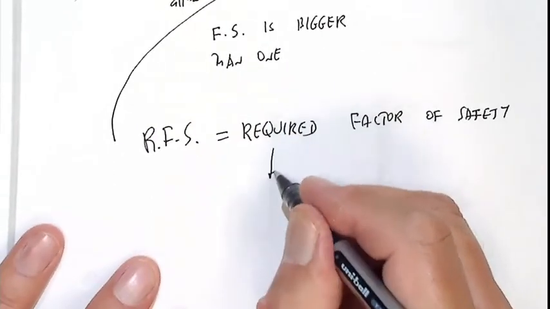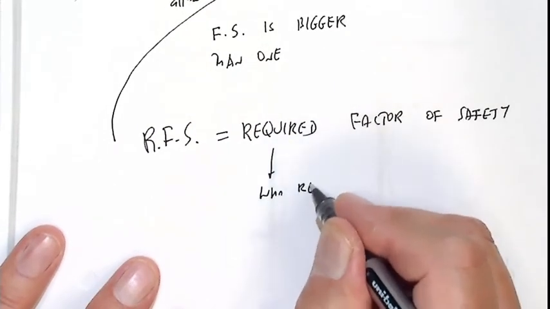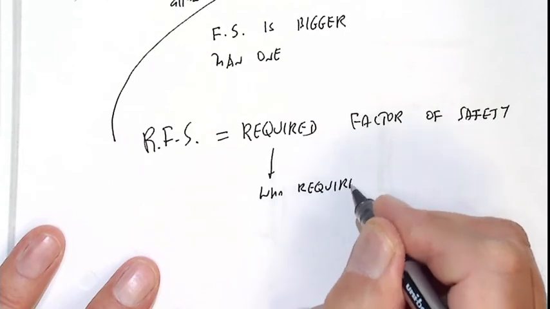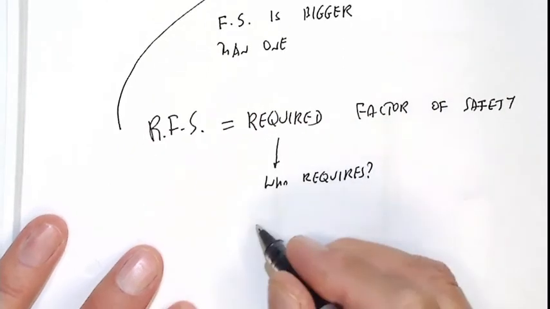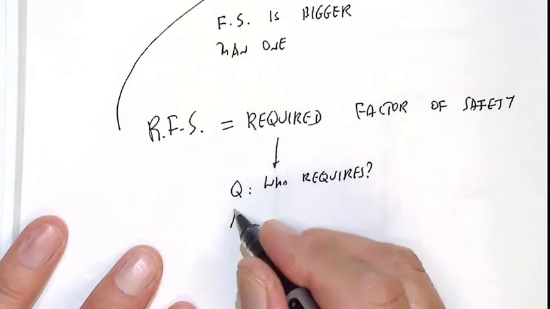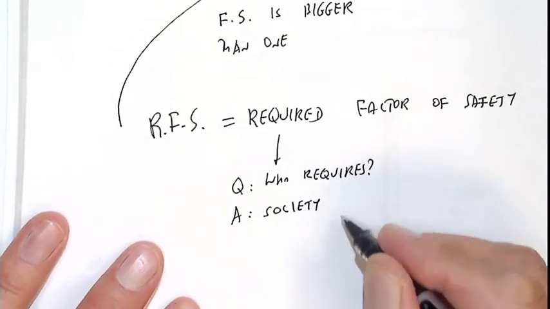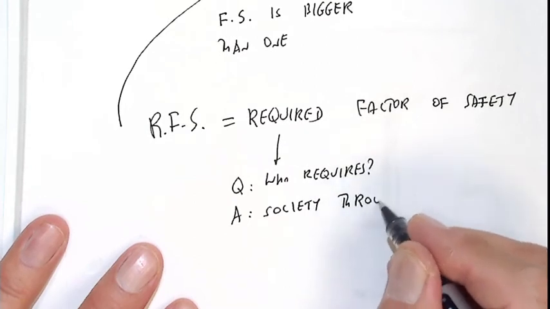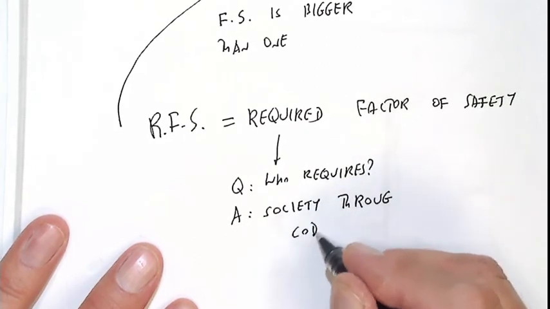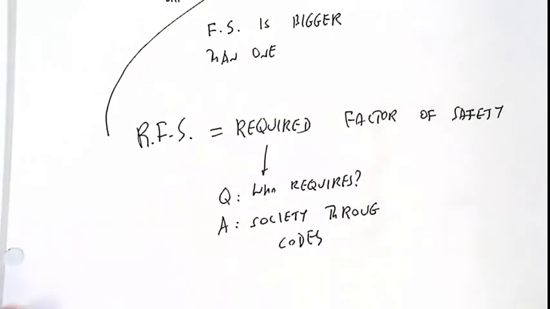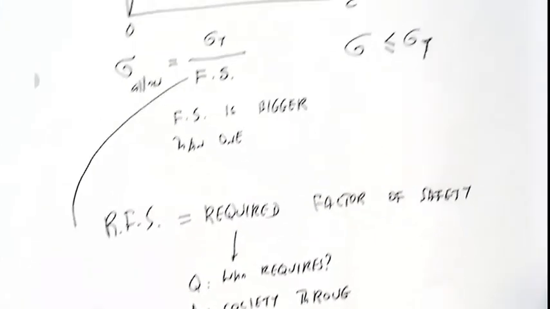The question is, of course, who requires? Society, through codes. Society requires that you comply with the codes. So that is this required factor of safety.